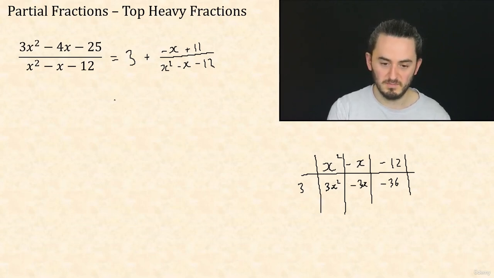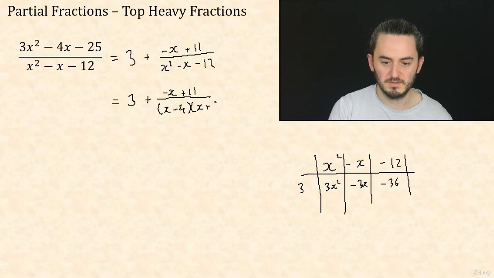And I do that by first factorising. So it's 3 plus negative x plus 11 divided by, and this does factorise as, x minus 4, x plus 3. And now I'm going to work on this.